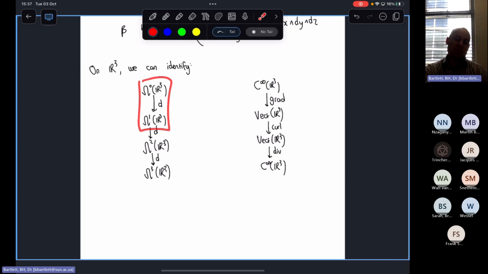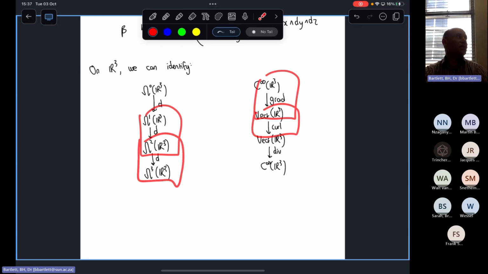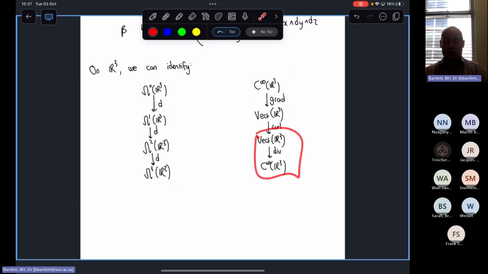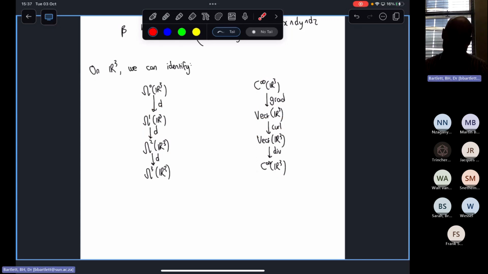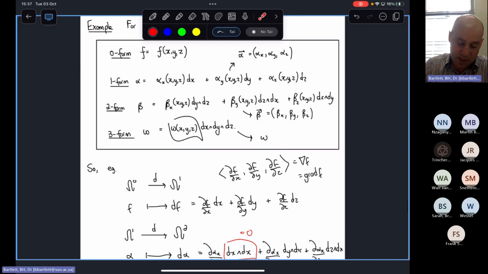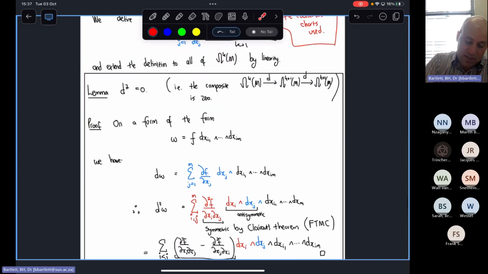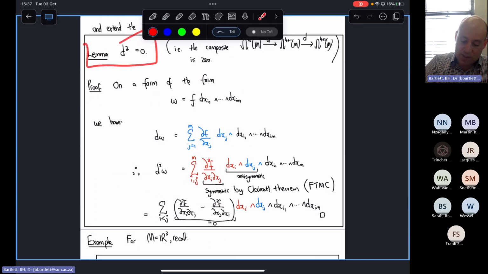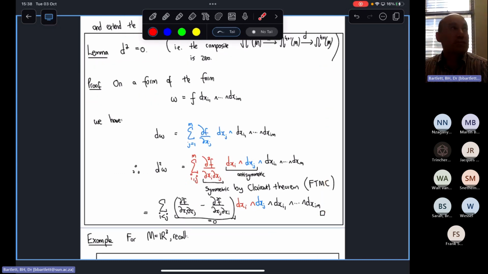Interpreted as going from zero forms to one forms, it's the gradient. Going from one form to two forms, it's the curl, and going from two forms to three forms, it's the divergence. And also, the single theorem that we proved, that d squared equals 0, which was this sort of three-line proof, now will hold for any d.